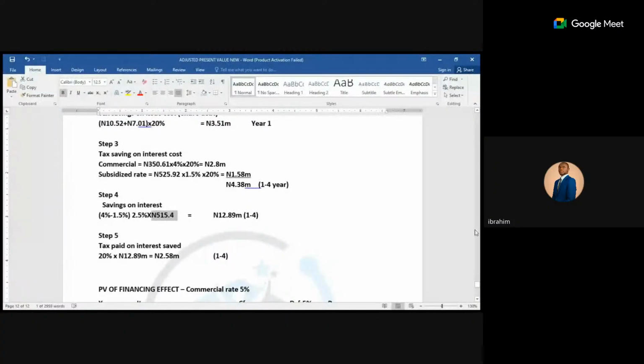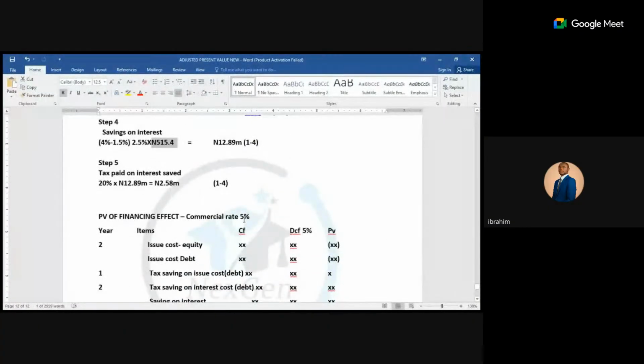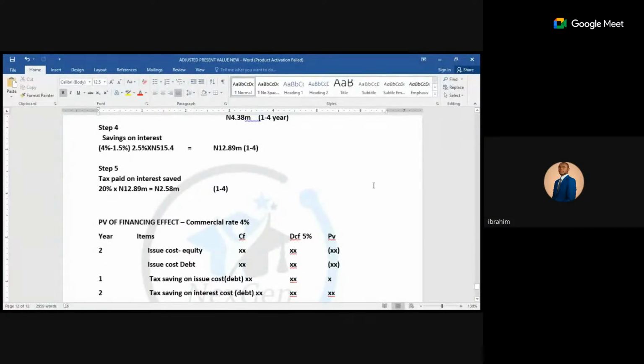So, what is the commercial rate that we will use to discount it? 4%. So, issue costs. Class, what is the issue cost? We can approximate here. Now you can screenshot.